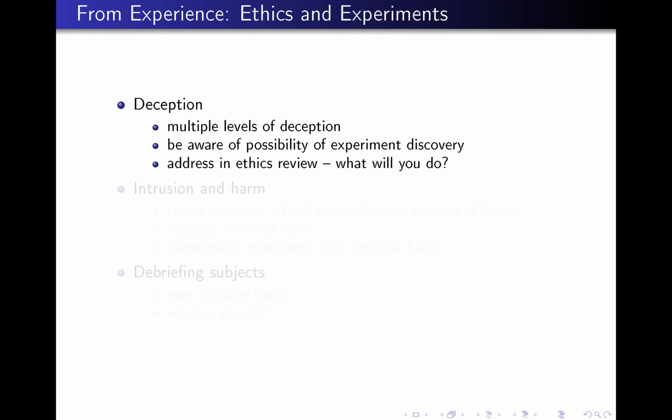They could take it up with the platform that you're working on and try to get your work shut down. And so you just have to be aware that this deception could lead to someone discovering what's happening. We'll talk a little bit more about how to avoid that experiment discovery in a minute. And so the thing here, just like with everything in the ethics process, is thinking through everything in advance, but also thinking about what you are going to do. So I usually try to have something in place in my IRB applications where I talk about if experiment discovery happens in this way, this is what I would do.